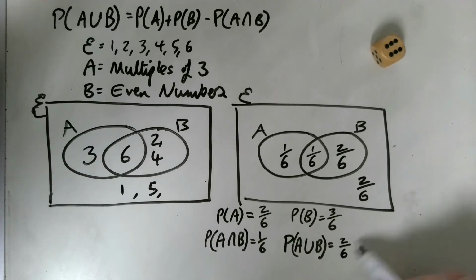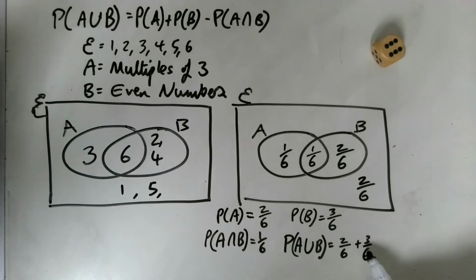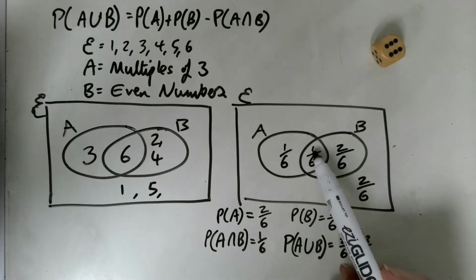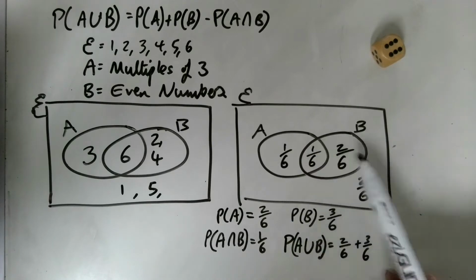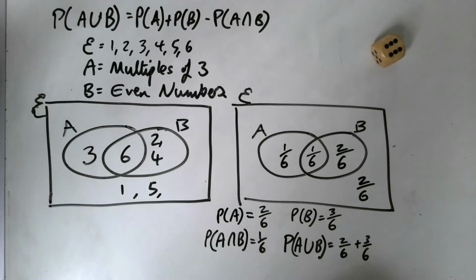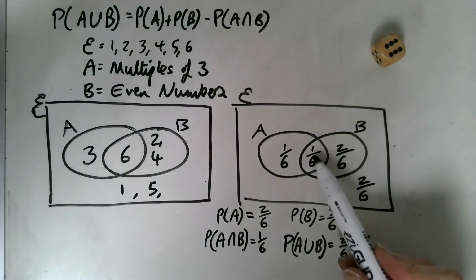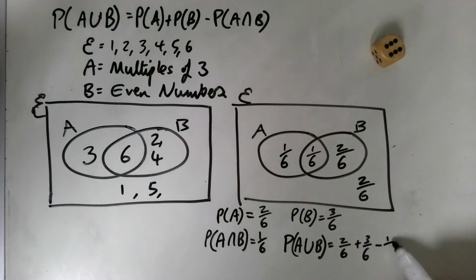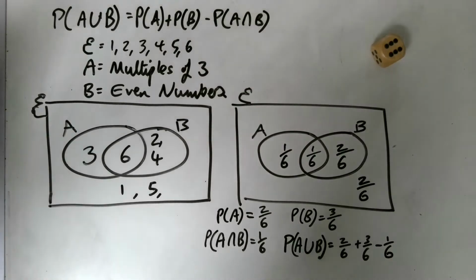I know that the probability of B is 3 out of 6. But if I add those together, I get 5/6, which is 1/6 too many. And that's because half of my probability of A is already in there. I've already counted it in, and then I've counted it in again there. So I don't want it twice, I want it once. So I've got to take one of this lot away. And that is what this formula is doing for us.